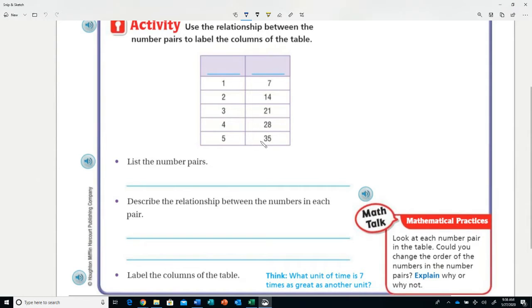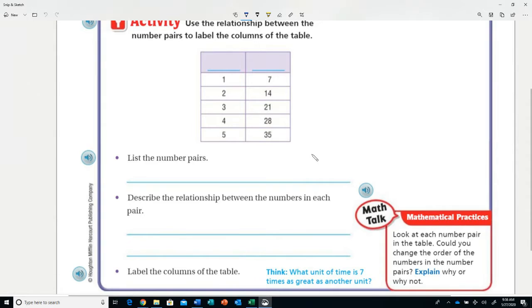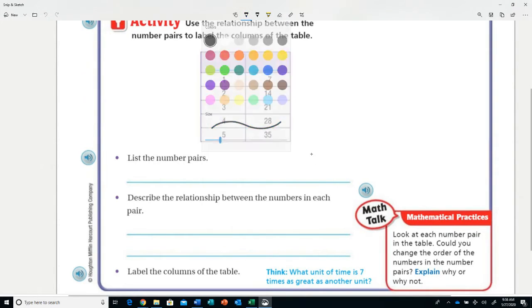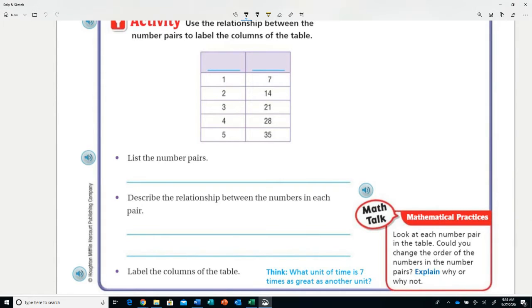So one side is 7 times bigger than the other side. So what do I know about time that has 1 to 7, where one whole thing is equal to 7 other things? So we have a couple things to do first. We're going to list the number pairs. And I'm going to start this right now and not use "and." I want to show you what a number pair would really look like.